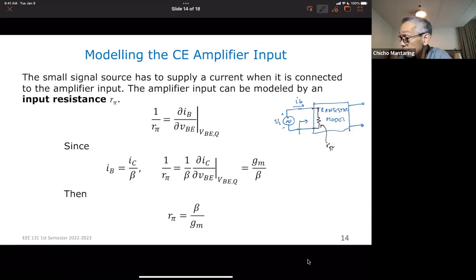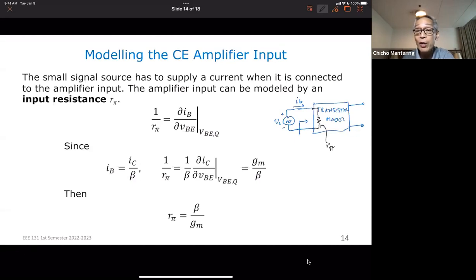Remember that this does not have any independent sources inside. No? When you have a circuit with no independent sources, then if you get the input resistance at any port, it will always be just purely resistive. Or rather, if you get the Thevenin equivalent at any port, it will be purely resistive.